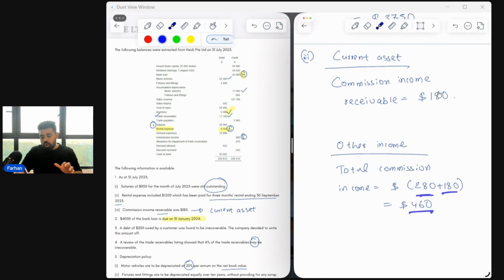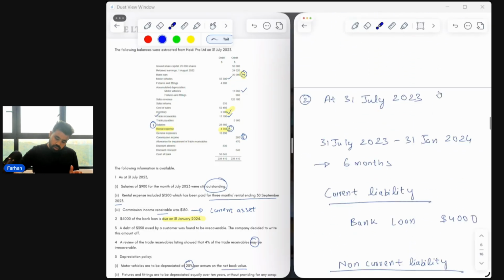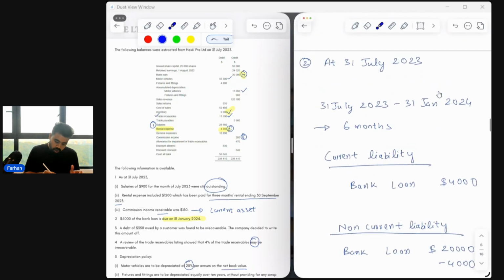And we need to report it under other income, not as part of our regular income, because regular income really refers to the sales revenue of the business, which comes from regular business operations, okay? All right. Now, when you prepare the balance sheet, we have already discussed that you show commission income receivable as a current asset. Now let's move to the next information we have got.